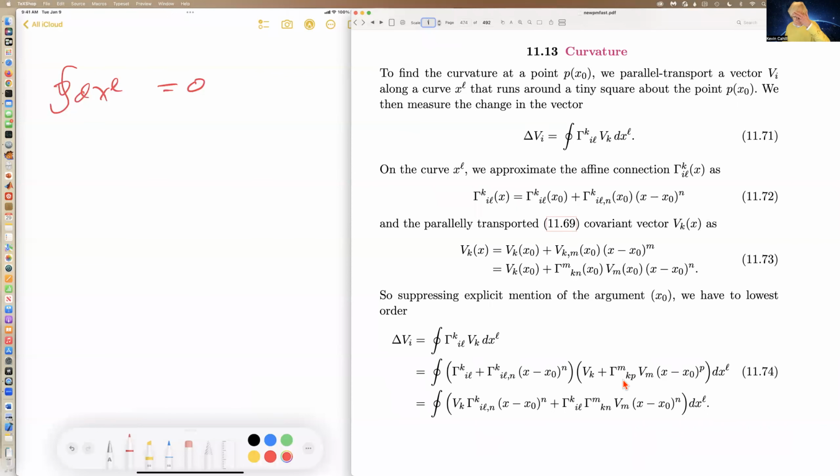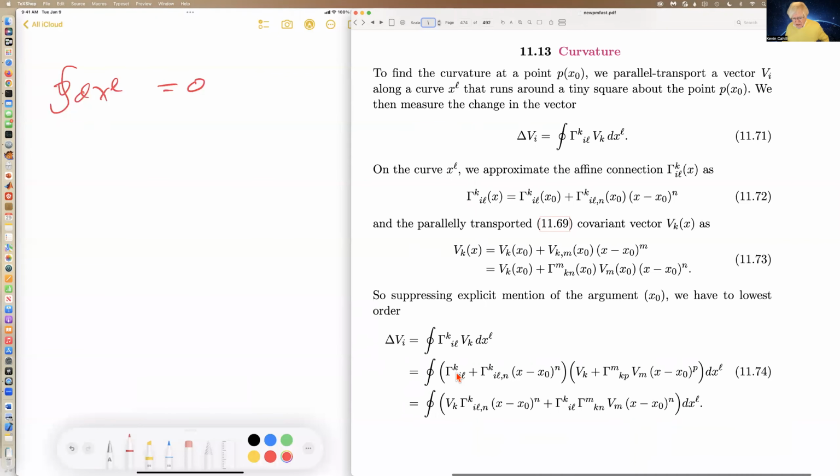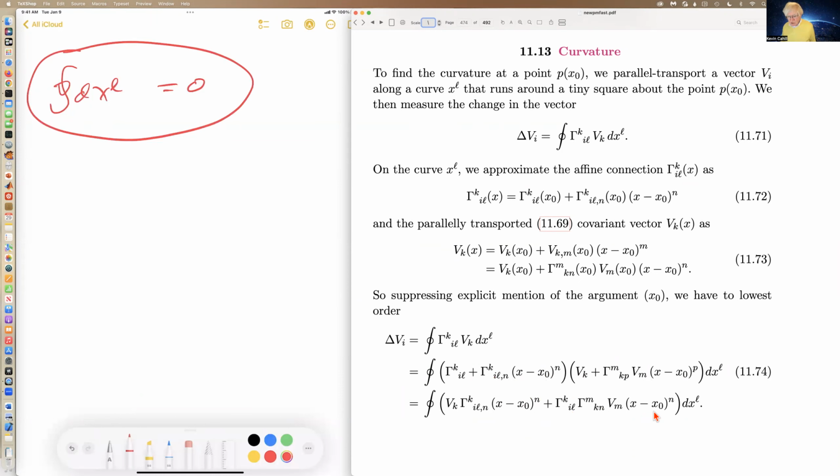And then the gamma times the v just integrates to 0 because of this equation. The next two terms are v^k times this guy plus gamma times that one. And so that's these two. And then I'm dropping the term that's quadratic in x minus x0.